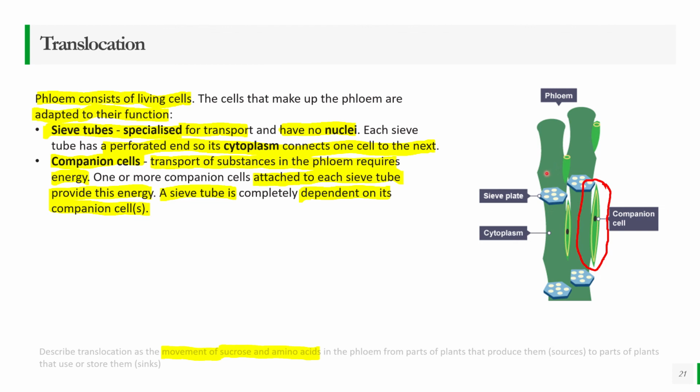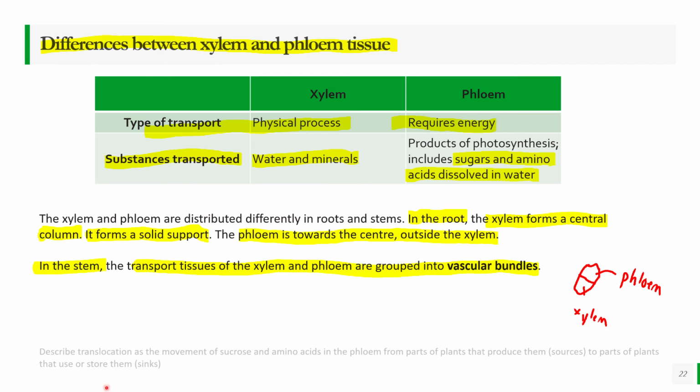Remember that it goes to banyak tempat for storage, for growth, as well as for making the seeds, right? So that's why you can see phloem is a bit more complex because of the direction. Okay, it's bidirectional, so it goes up and it also goes downwards. Okay, I think two or three more slides. So we also need to know the differences between xylem and phloem.